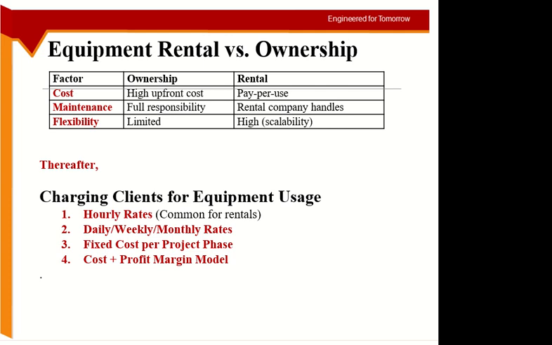In the last two options, you are telling the client that this is the cost of my work and this is the cost of my equipment. And on top of that, you may ask for some extra benefit because you are bringing your own equipment.